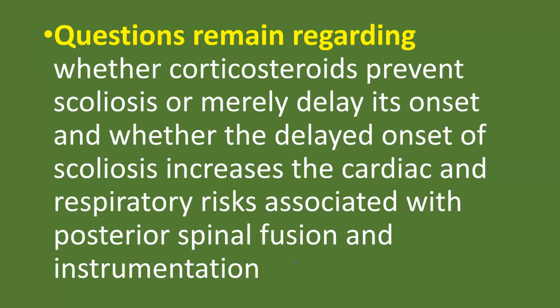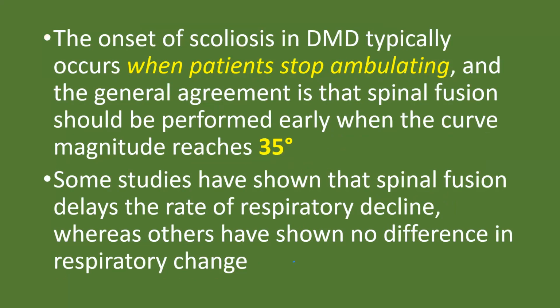Questions remain regarding whether corticosteroids prevent scoliosis or merely delay its onset, and whether the delayed onset of scoliosis increases the cardiac and respiratory risks associated with posterior spinal fusion and instrumentation. The onset of scoliosis in Duchenne's typically occurs when patients stop ambulating.